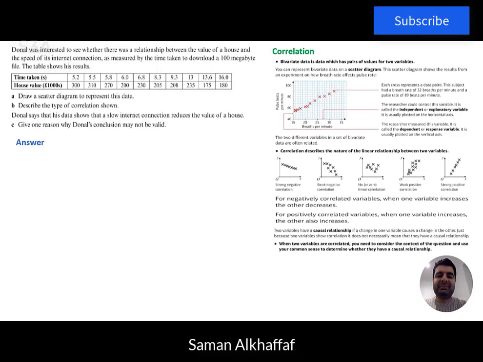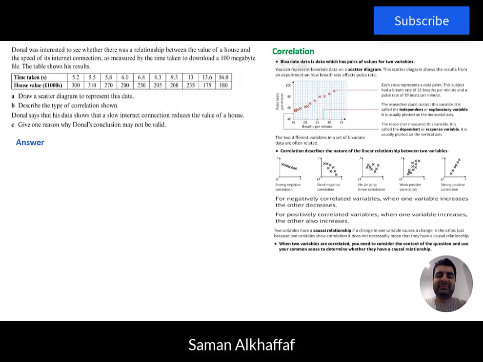Time taken 6 equates to 200, 6.8 equates to 230, 8.3 in time equates to 207 in value, 9.3 in time equates to 2.8 in value, 13 equates to 235 in value, 13.6 equates to 175 in value, and 16 in time taken equates to 180 in terms of thousands in value.